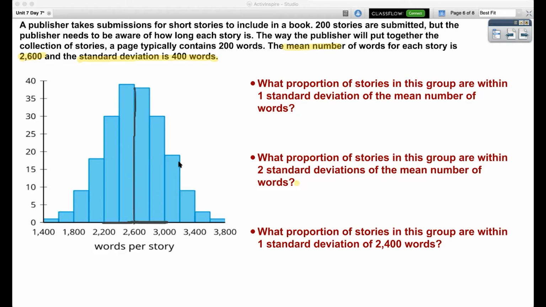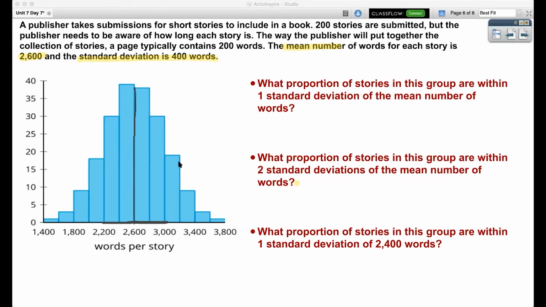Why am I looking at those intervals? Well, the standard deviation is 400 words. So it's the interval from the value of the mean plus 1 times the standard deviation. The value of the mean is 2,600 plus 400. So I'm looking at the interval from 2,600 to 3,000.